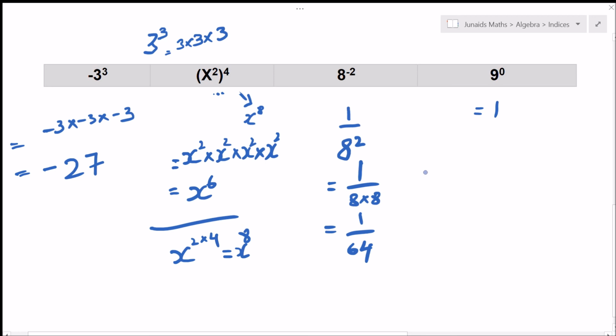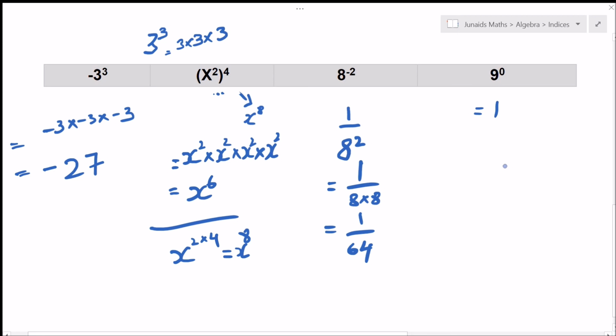Now why is that? That is more important. Because it's better to understand things than memorize things. Why is something to the power 0 always 1?